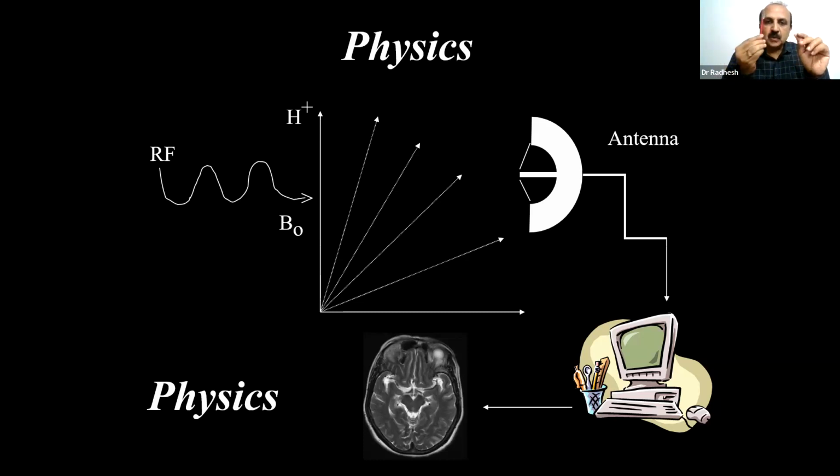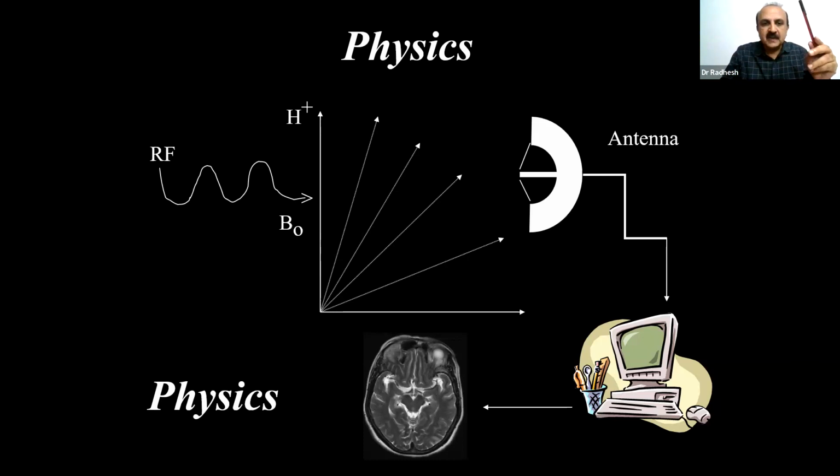So this hydrogen proton, which has acquired the energy, that is the radio frequency pulse, and tipped to the horizontal, starts giving out energy to the surrounding area, and it starts coming back to its normal position.